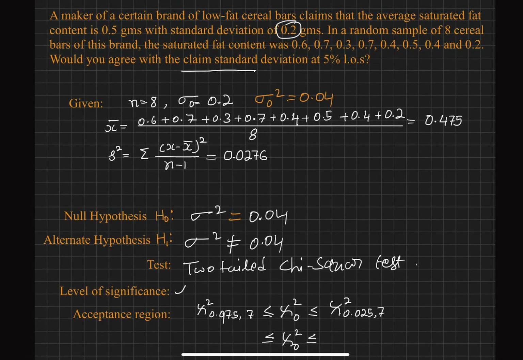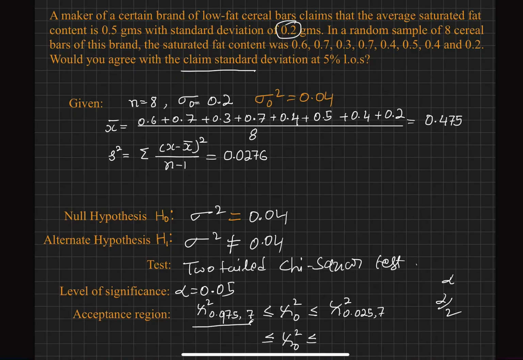Also, it is given that the level of significance alpha is 0.05, and let us observe the acceptance region. As it's a two-tailed test, the entire area alpha will be divided into two parts. Each part will contain an area of alpha by 2. So the left side critical point will be chi-square 0.975, with 7 as the degree of freedom, that is n minus 1, and n is here 8.